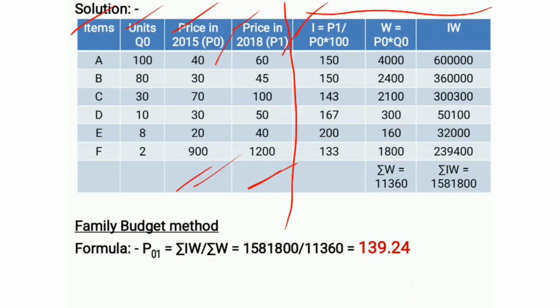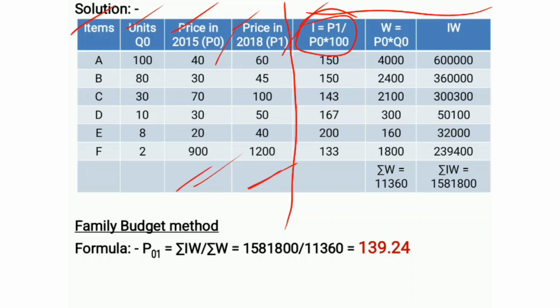I is price relative. I is given by P1 divided by P naught into 100. That is called price relative.